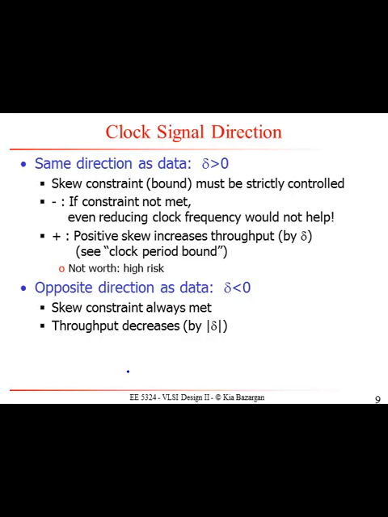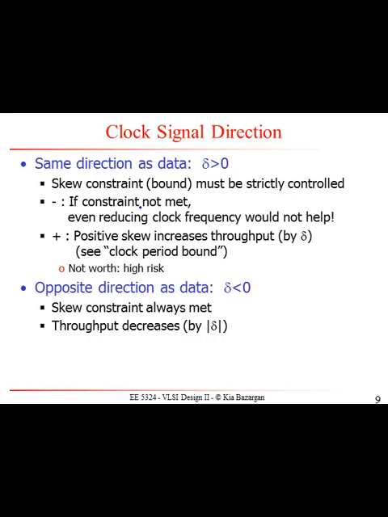So if you think about the different values of delta, if your clock skew is positive, then basically it shortens the clock period, right? On the previous slide, you're doing T logic maximum minus delta, which was the clock period.